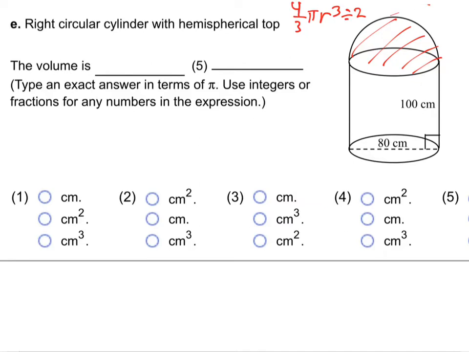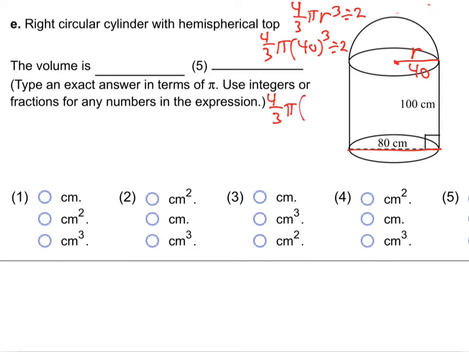So what becomes of that? Well, that's 4/3 pi. What's the radius? Now the radius is from the middle to the edge. 80 is all the way across, so the radius must be 40, huh? 40 cubed divided by 2. So that's going to be 4/3 pi, 40 cubed. That's a big number. 64,000 divided by 2.